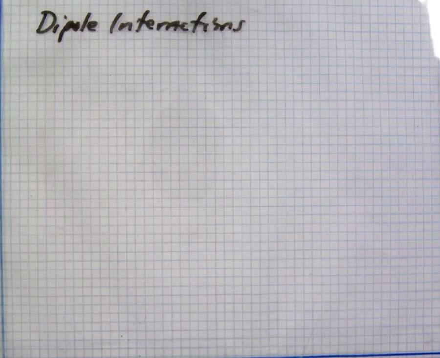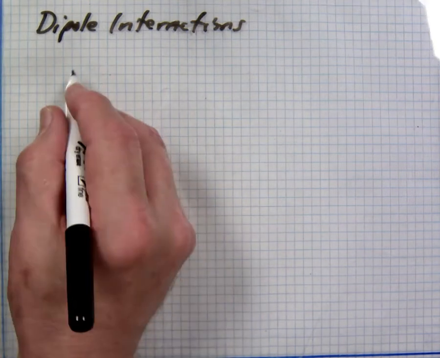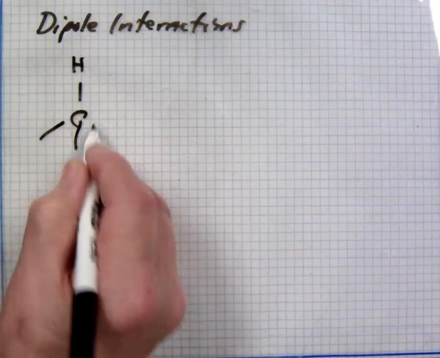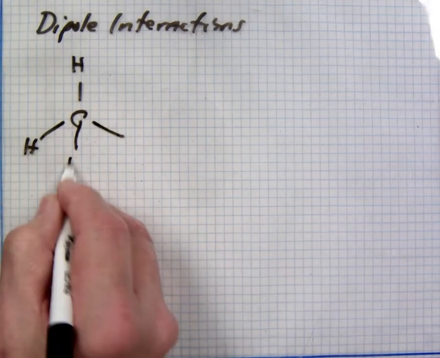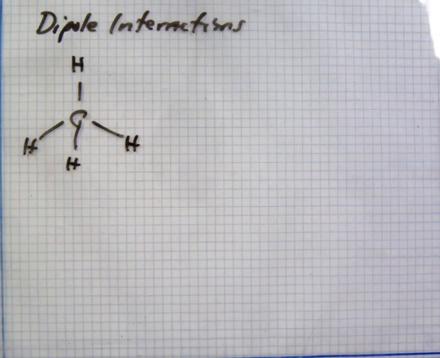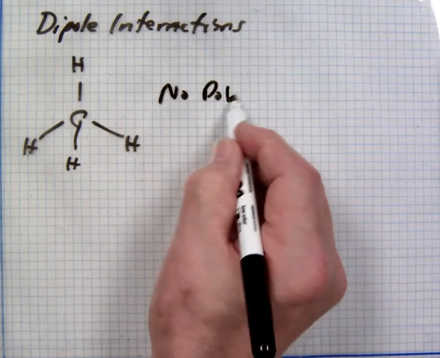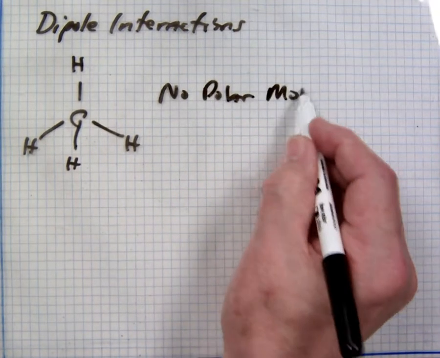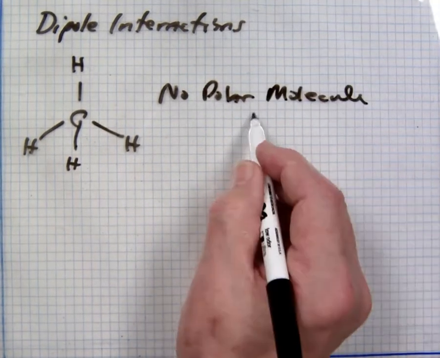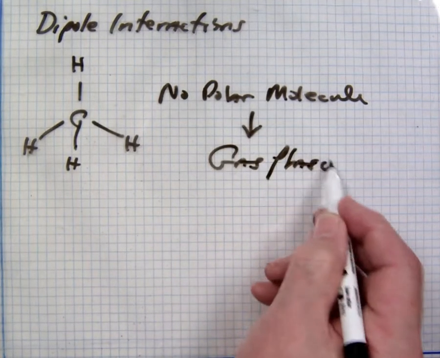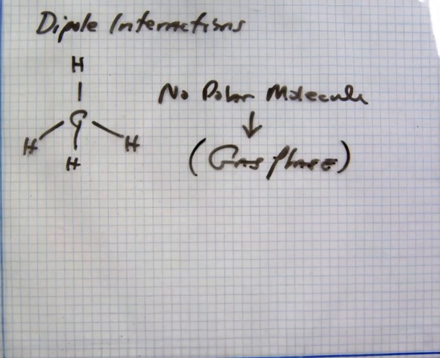If we take methane, for example, it is a non-polar molecule, this tetrahedral shape, like that. So as a non-polar molecule, it exists in gas phase. It has almost no interaction with its neighbors at room temperature.